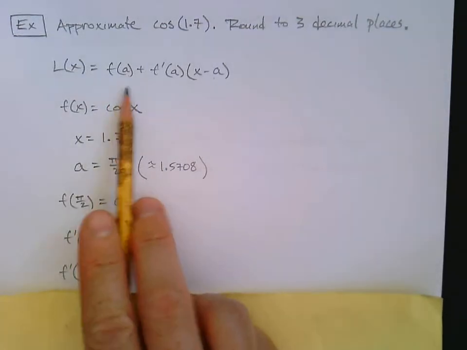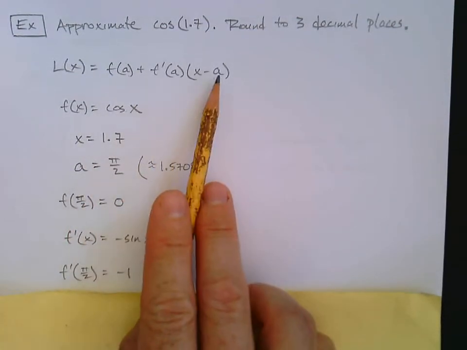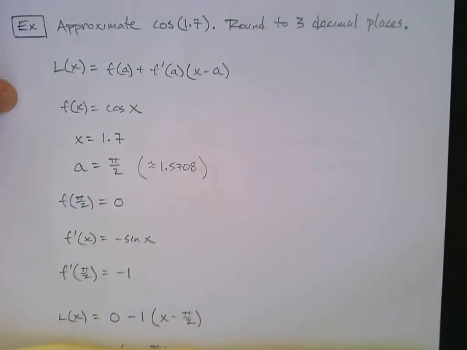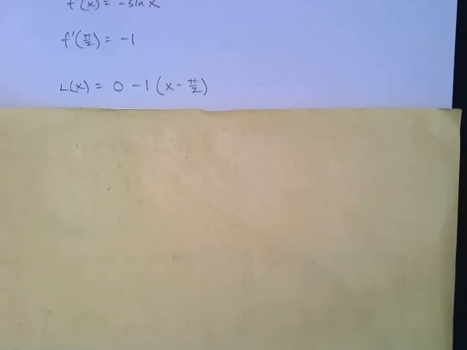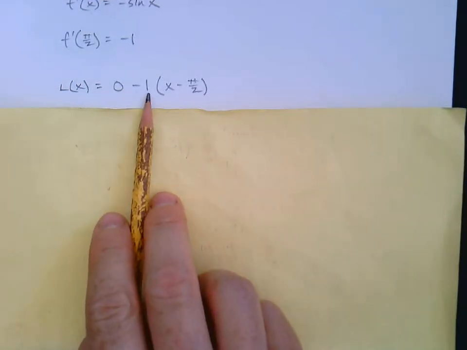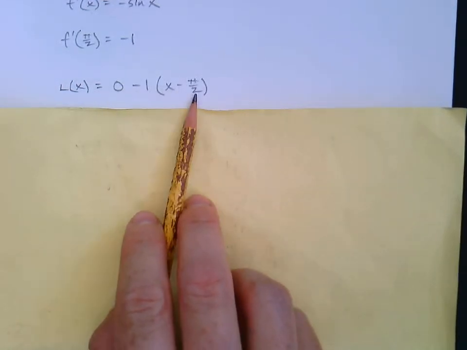We can plug in for f of a, f prime of a, and a. And here's our linearization of cosine x at pi over 2. All right, 0 minus 1 times the quantity x minus pi over 2.